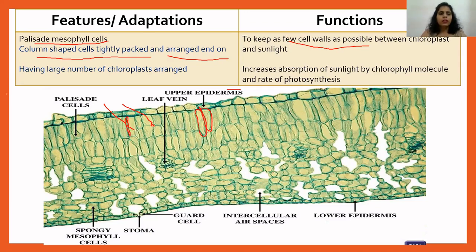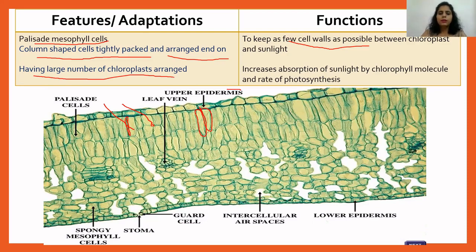Okay, now another very important adaptation of palisade mesophyll cells is that they have a large number of chloroplasts. Because of the presence of a very large number of chloroplasts, the rate of photosynthesis in palisade mesophyll cells increases.